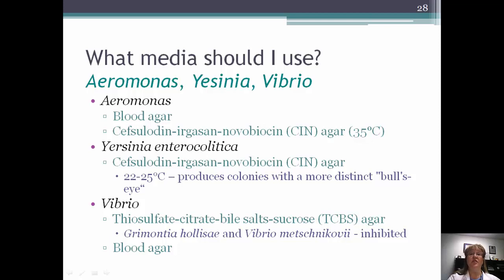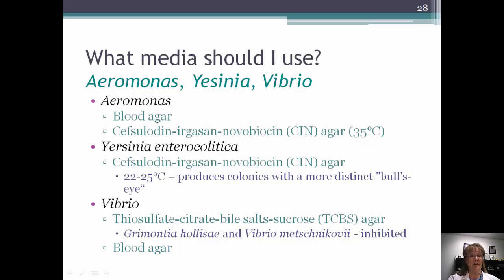Now, what if I'm choosing to look for things like Aeromonas, Yersinia, or Vibrio? Well, we know that Aeromonas grows just fine on something like blood and MacConkey agar, but it actually grows quite well on cefsulodin, irgasan, novobiocin agar, which is our CIN agar that we routinely use for Yersinia. So you can inoculate a CIN agar, incubate it at 35 to 37, and that could help improve your recovery of Aeromonas. Obviously, we're also going to be using the CIN agar incubated at room temperature to improve our recovery of Yersinia enterocolitica.